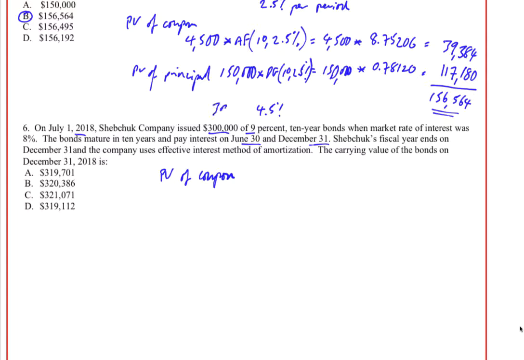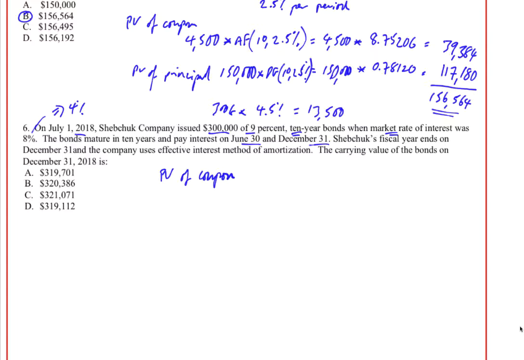So 300,000 multiplied by 4.5% gives us a periodic payment of 13,500. It's 10 years, and so we know that's going to be 20 periods, and the market rate of interest is 8%, and so that implies 4% per period.